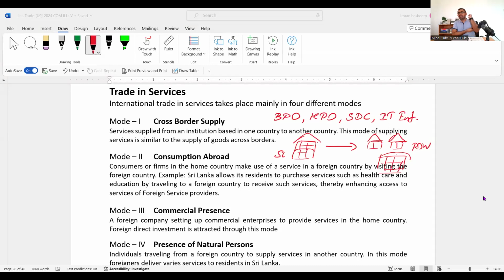See, in the BPO sector, by the way, this is not people traveling abroad. Is that clear? This is services offered from a Sri Lankan company to clients abroad. People are not traveling anywhere. And as I was saying, to be very competitive as a BPO provider or a country, you need to have cheap labor, but educated labor.